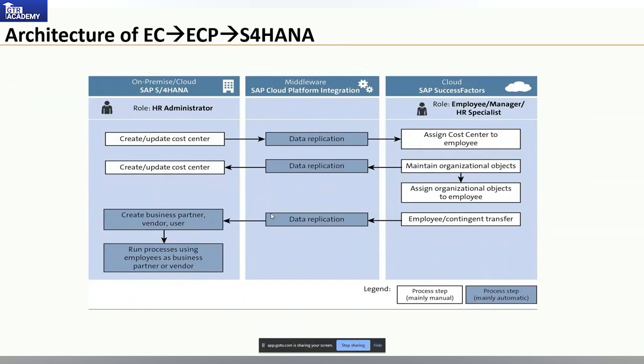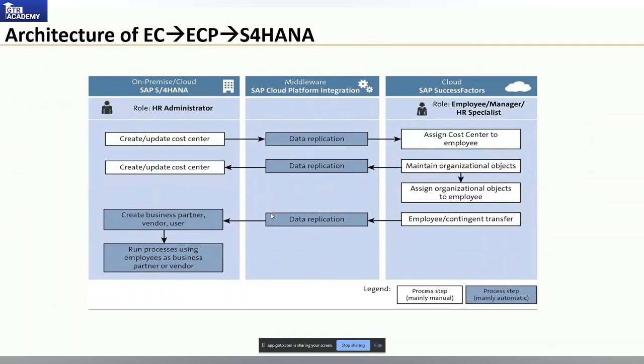Two systems are your SuccessFactors Employee Central and your Employee Central Payroll. When it comes to three systems, it is SuccessFactors Employee Central, EC Payroll, and your SAP Finance. When you say SAP Finance, that will be your S/4HANA, either in the cloud or on-premise.